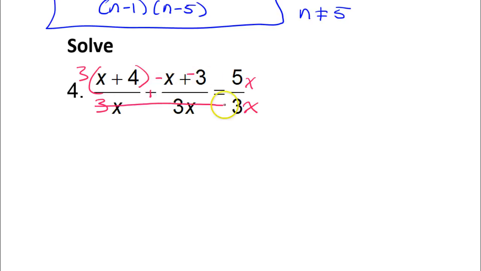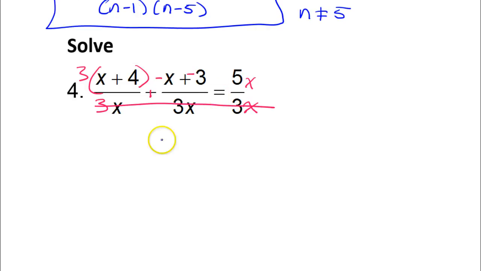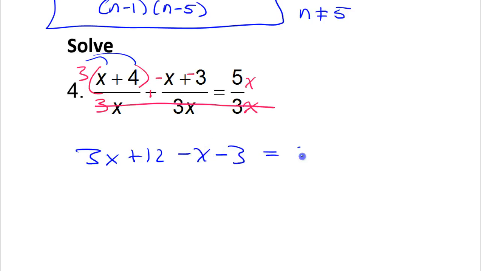So now when I cancel out these denominators, which we only do when we're solving an equation, see the equal sign? All right, I'm going to distribute here, so that's 3x plus 12. And then here I have minus x minus 3, not plus 3, minus 3 is equal to 5x. If I combine these like terms, now I've got 2x plus 9 is equal to 5x.